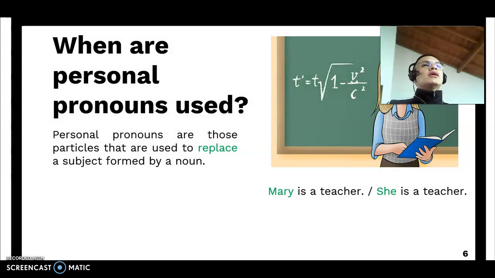In this case, when are personal pronouns used? We have to know when to use this kind of words in our sentence. The first use is to replace a subject that is formed by a noun. For example, if we are talking about Mary, Mary is a teacher.